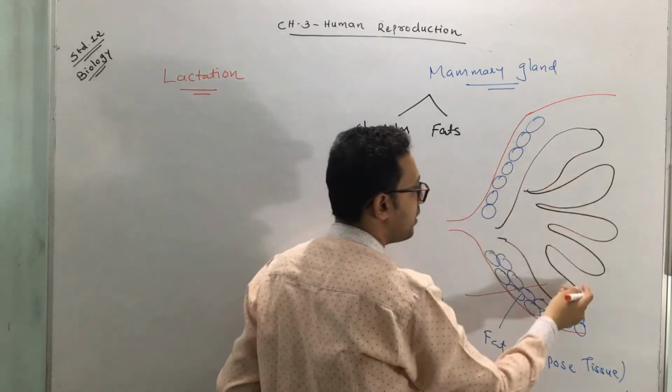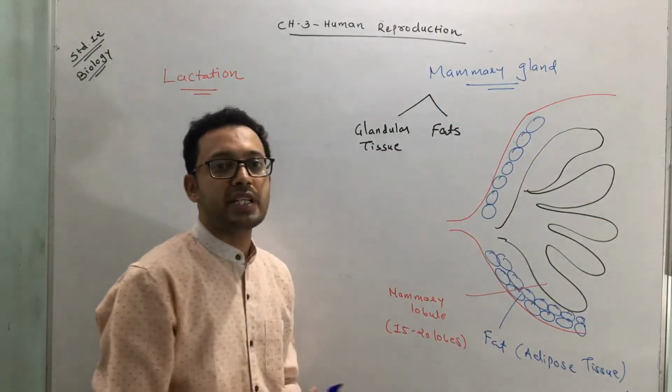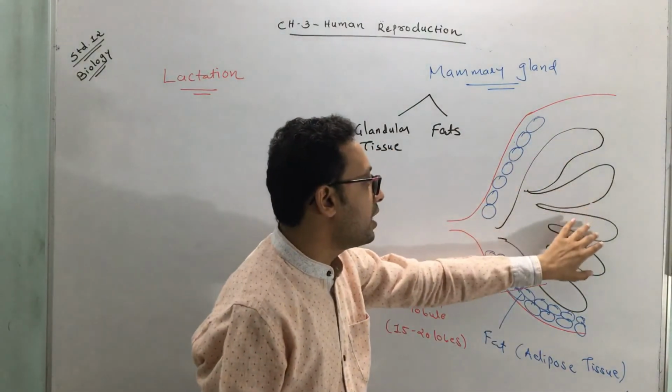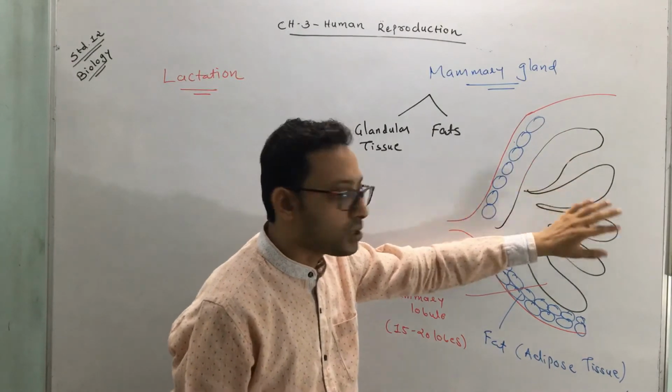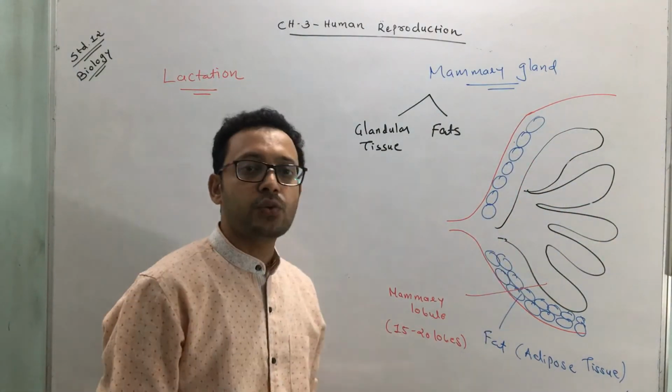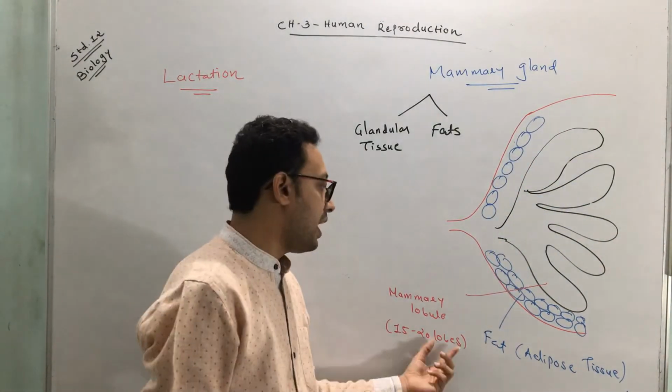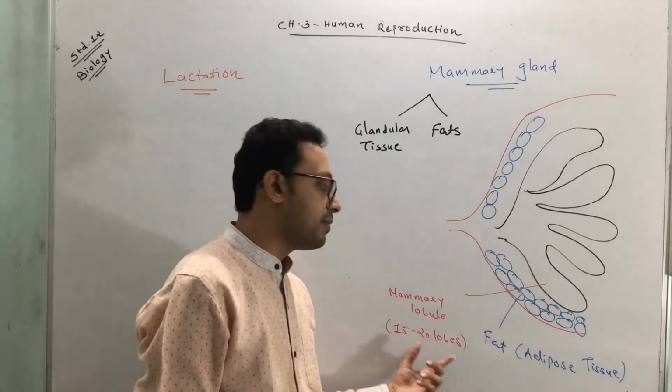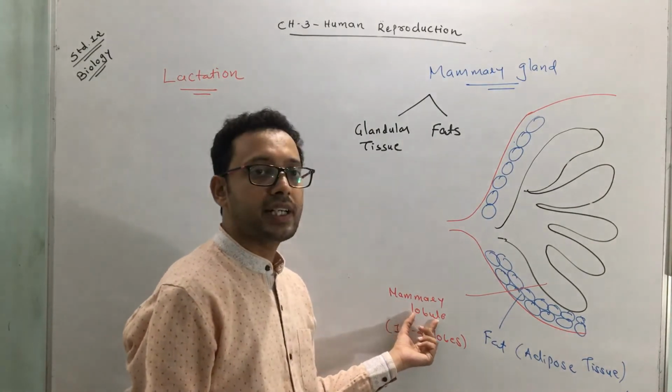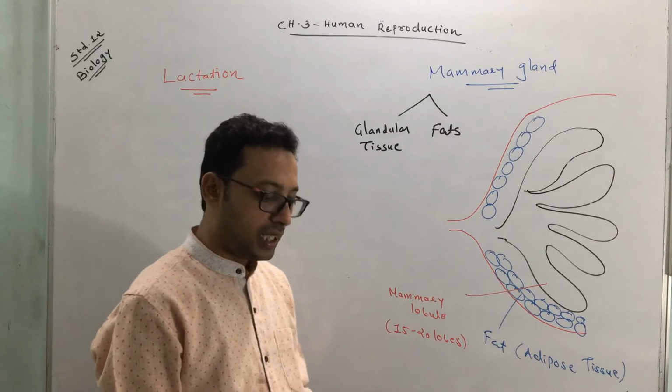I have shown just 5, but in one mammary gland, how many lobules are present? 15 to 20 mammary lobes are present, which you can call mammary lobules. Clear?